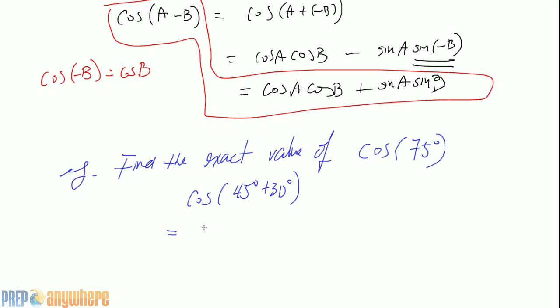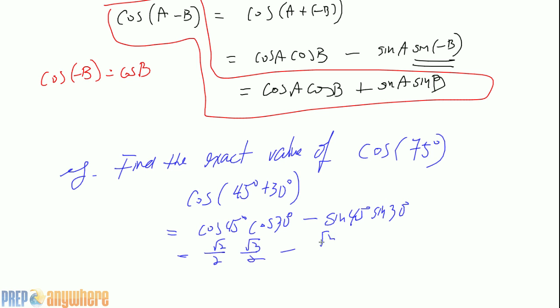By the sum formula, we get cosine of 45, cosine of 30, minus sine of 45 and sine of 30. Root 2 over 2, root 3 over 2, root 2 over 2, half. So root 6 minus root 2, all over 4, is the exact value of cosine of 75.